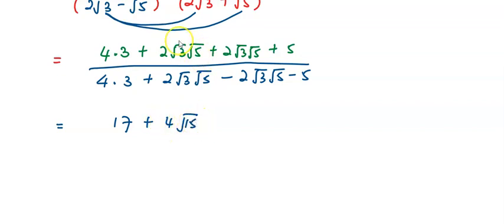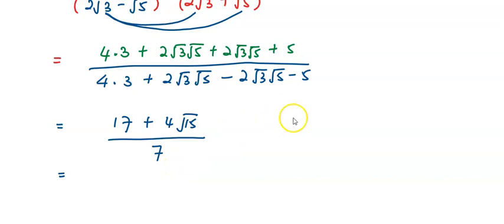You can always see this as your A. 2A plus 2A will be 4A. Surd 3 surd 5 can be written as surd 15. Over 12 minus 5, that will be 7. Alright, then these two terms cancel off each other.